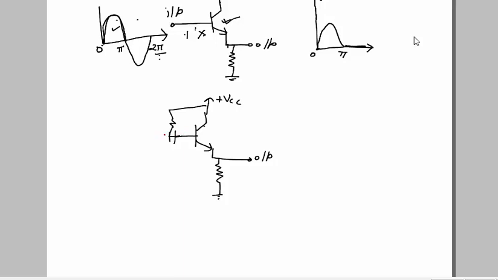This biasing technique provides some fixed value of the DC current, IC. This is the DC current or bias current we got, because this transistor is biased to provide this much IC. Now suppose this input is applied.